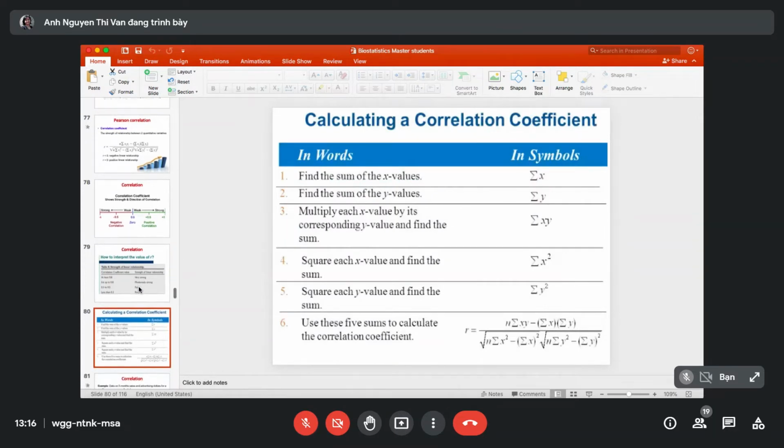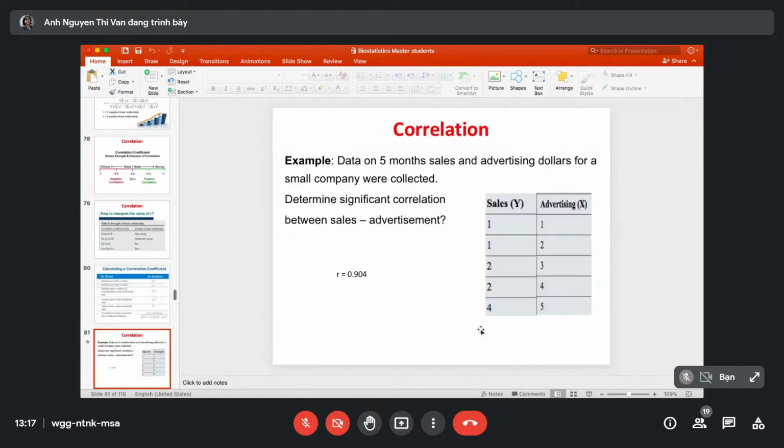This is the way to apply the formula: you calculate the components in the formula step by step, then apply it to calculate R. We already did this exercise.